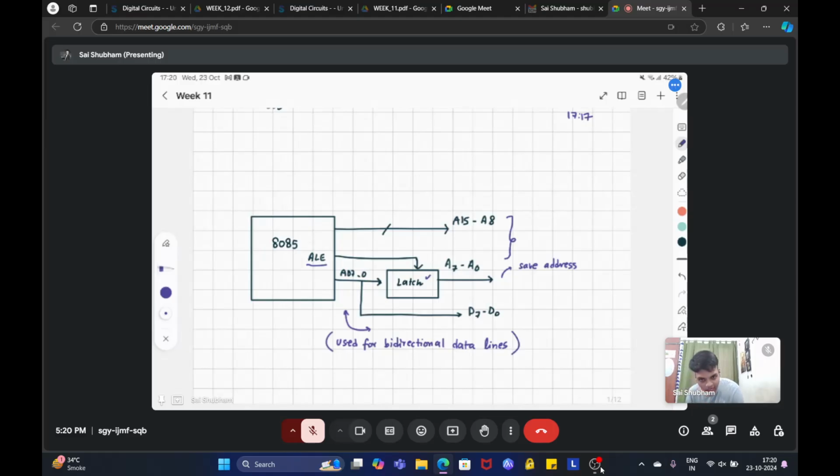This is used for getting the data as well as storing the data. Once you give a particular address from where it fetches the data, you have to store the data. So the ALE latch is used to save the address so that it can be used later to store the data. Moving on to the next question.